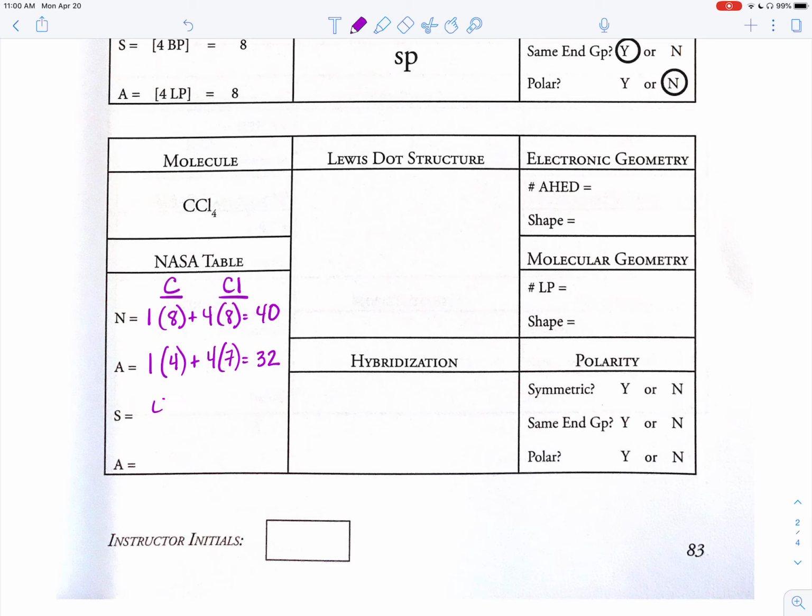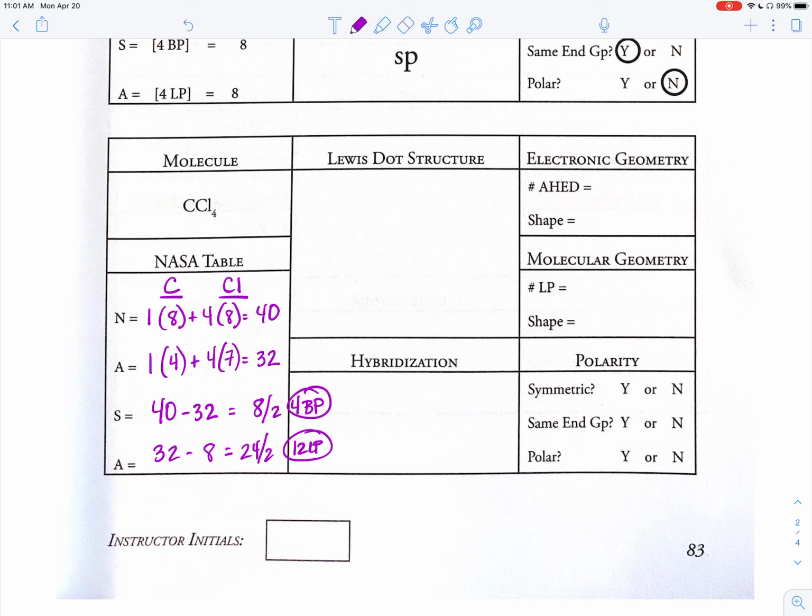Then you take 40 and subtract 32, and that gives you 8. Then you take 32 and subtract 8, and that gives you 24. We divide both of those by 2, and that tells you that you have 4 bonding pairs and 12 lone pairs in that structure.